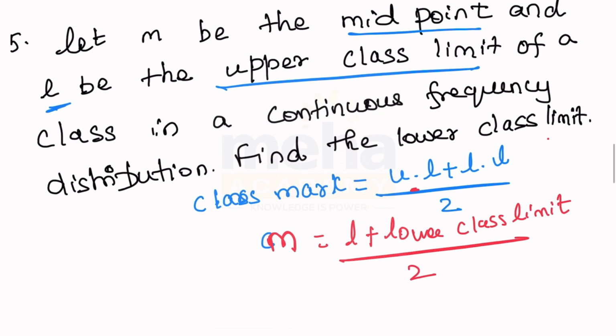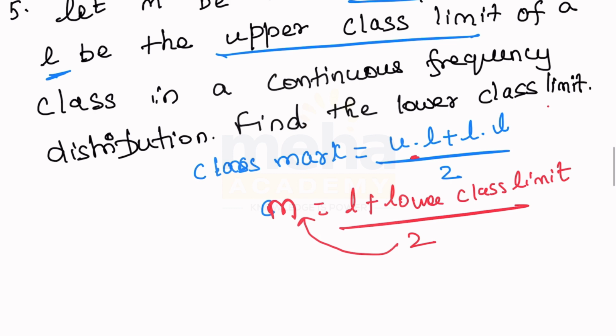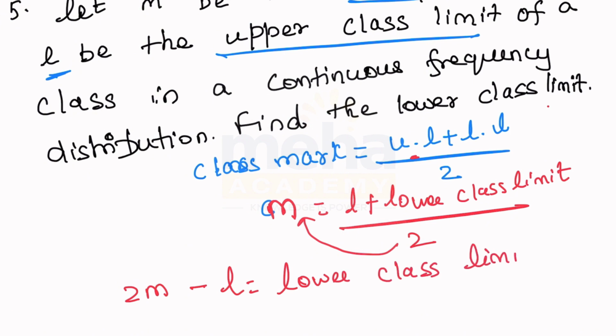I have to find the lower class limit, so this 2 goes to the other side. So 2M minus L is equal to the lower class limit. This is the answer: 2M minus L.